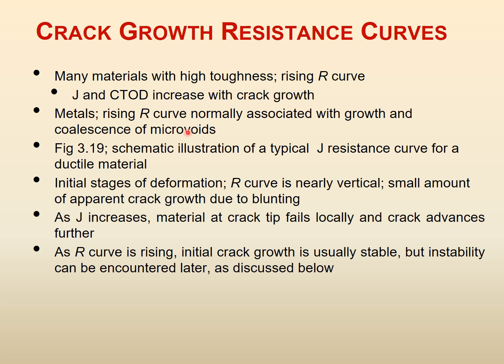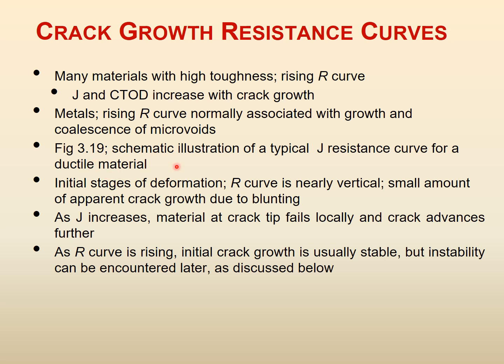We have talked of it in the beginning, right? There are micro voids, very small voids, or very small flaws. One small crack is here, one is here. This is also growing, this is also growing. After they grow for some time, they coalesce and become a larger crack.